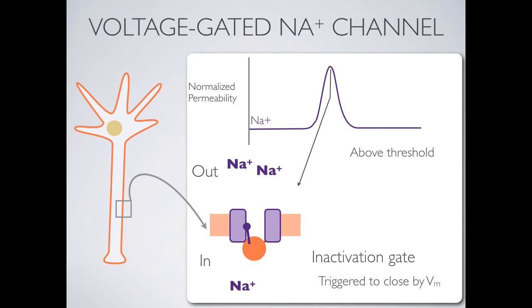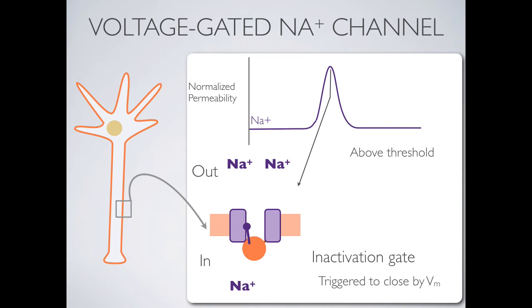So we have two ways that this voltage-gated channel is triggered by voltage. One is to open up what's called the activation gate, that's the initial gate, and then we have a closure of the system by the inactivation gate. Once that is closed, the sodium can no longer traverse the membrane.